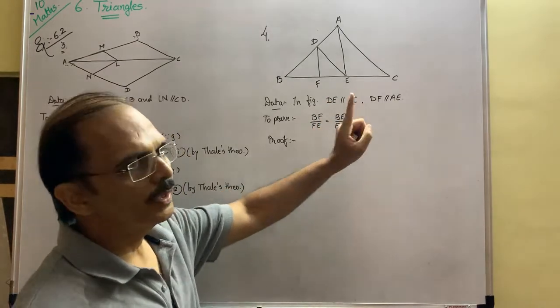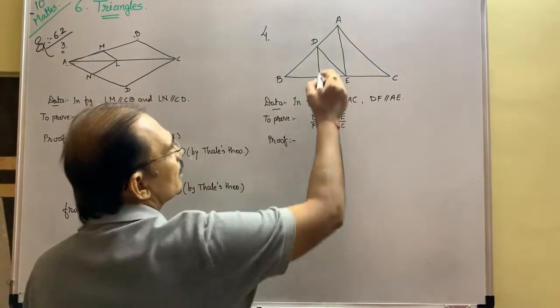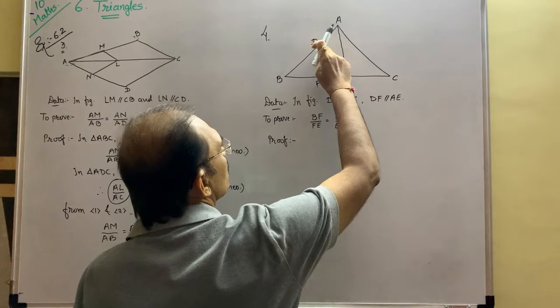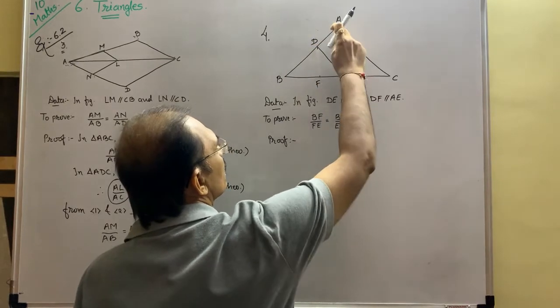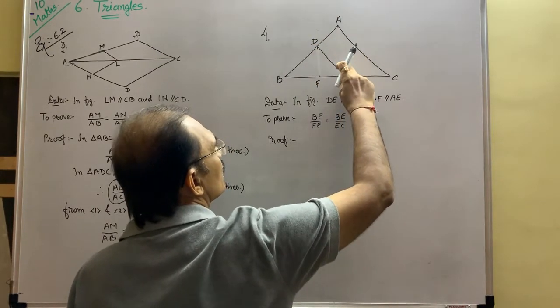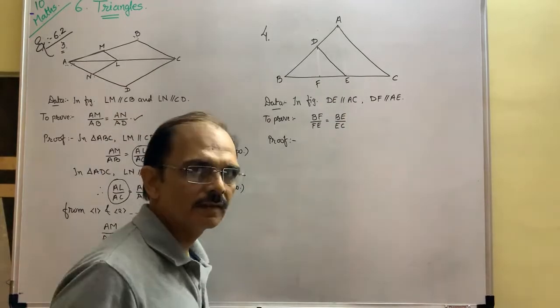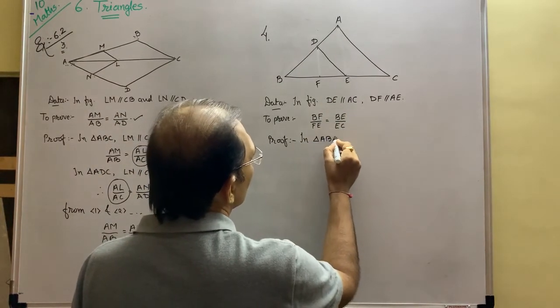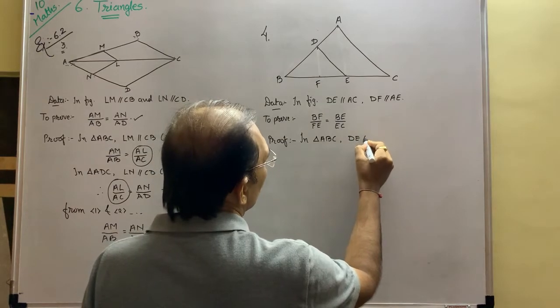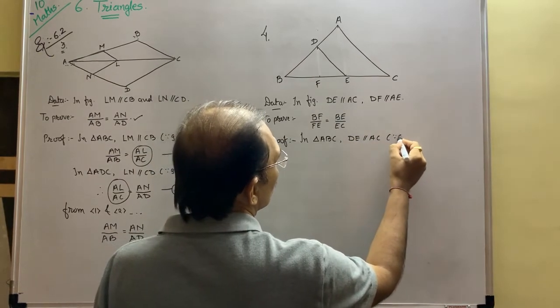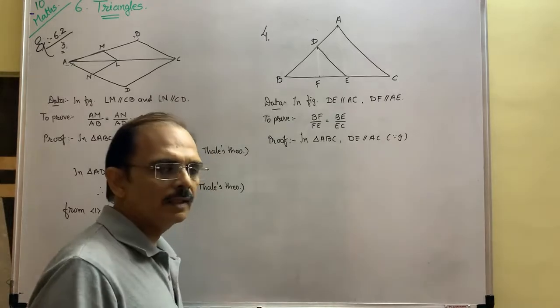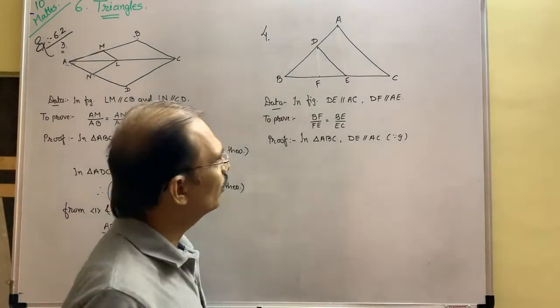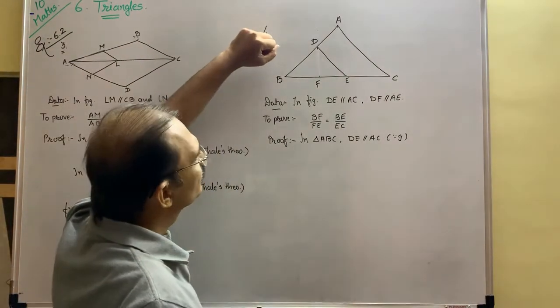DE is parallel to AC. So don't take this. Okay, this is for your convenience. In triangle ABC, DE is parallel to AC, given. If DE is parallel to AC, then sides are in the same proportion. We take what?